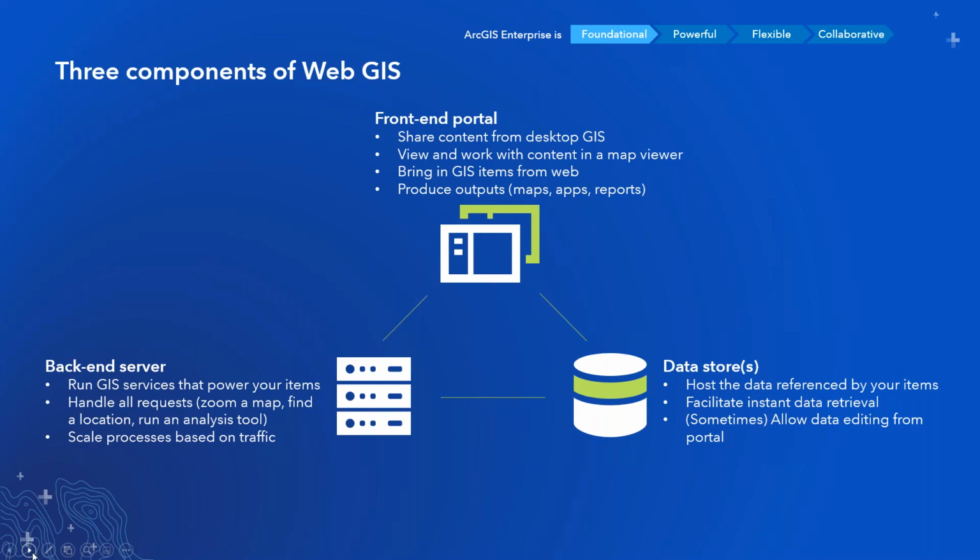It's where most of your users are going to interact with your content. The back-end servers are designed primarily to support the generation of content and requests, and they can be scaled based upon traffic. And finally, we have different types of data stores to allow data editing, facilitate data retrieval, and store data in a format that makes it easier to display in the web.